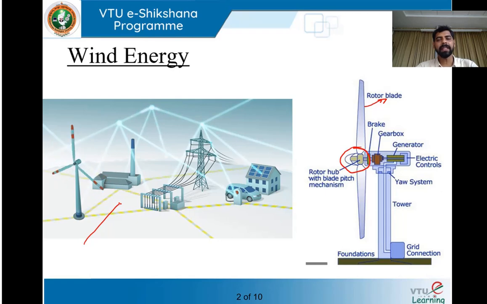Once we get this mechanical rotary motion, that in turn can be coupled with an electrical generator, and thereby we will be able to convert mechanical energy into electrical energy and use it for our purpose. So this is one of the most opted non-conventional or renewable energy sources where we try to extract the kinetic energy possessed by the wind and convert that into mechanical energy, and in turn into electrical energy.